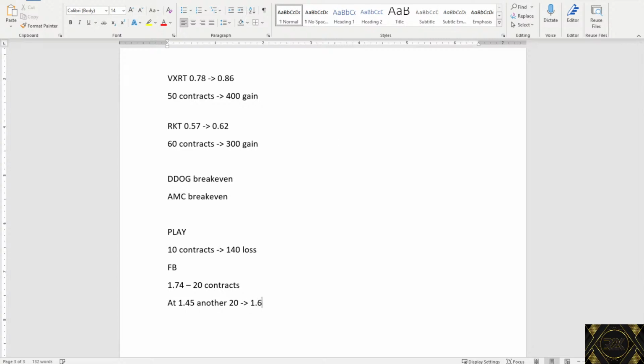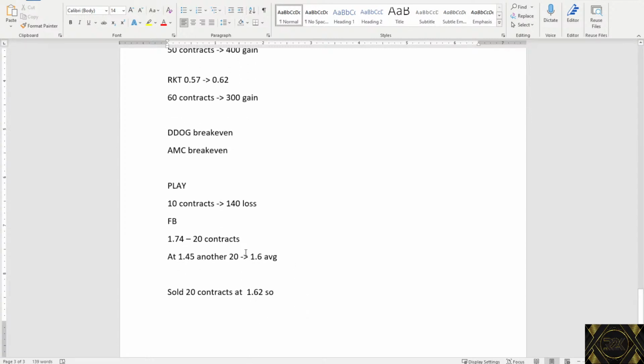This brought my average to 1.6. I sold 20 contracts at 1.62, just to get rid of those and come out at break even. It's a very small profit, like $40 or something.